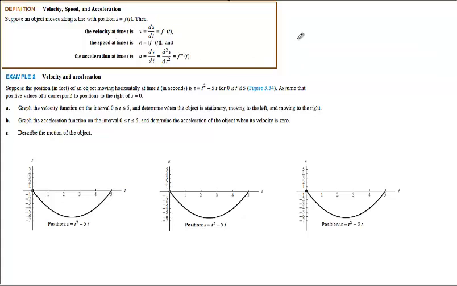So if I had velocity is position changing with time, and the velocity happens to equal the derivative of the position.